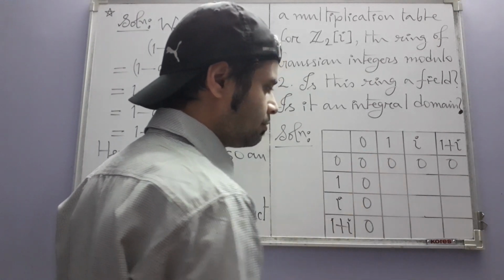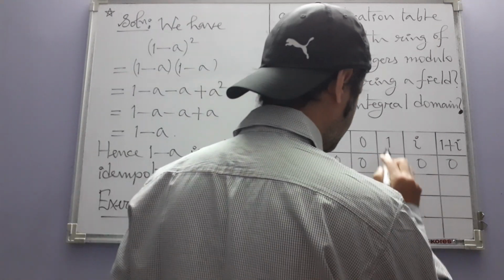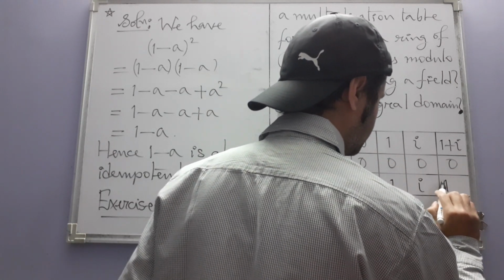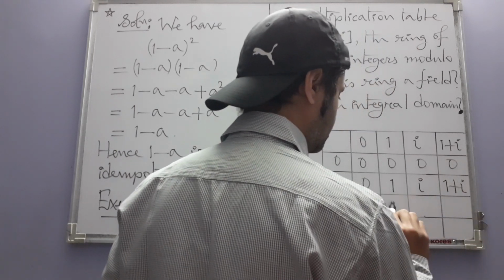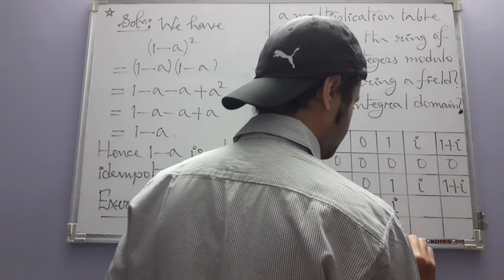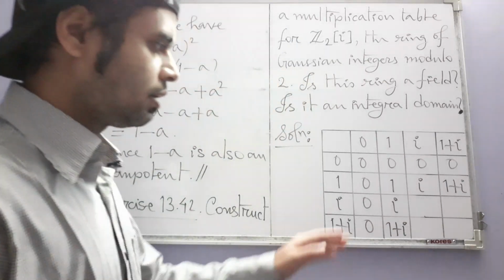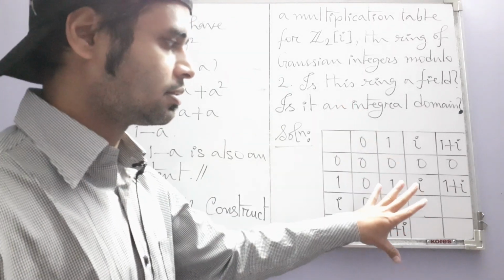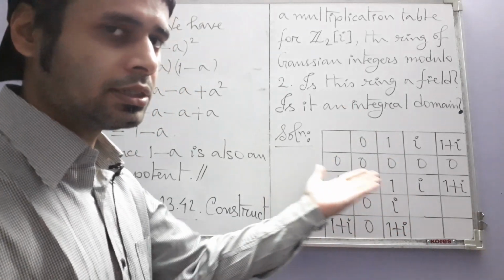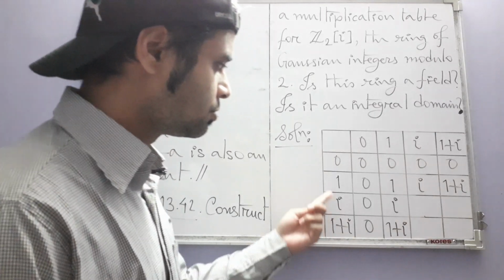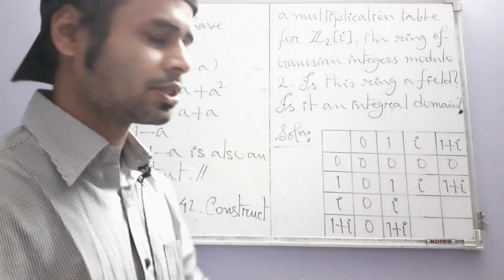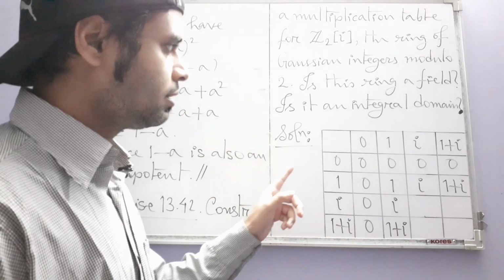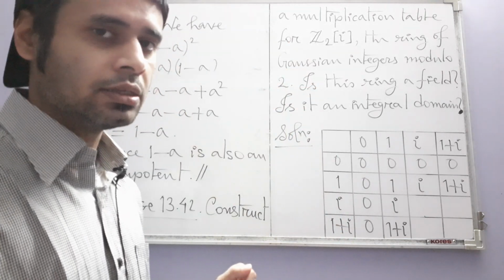Then multiplying anything with 1 gives that thing back, because 1 is the unity. So 1, i, 1 plus i. The reason for having this as a symmetric matrix is that multiplication in this ring is commutative.